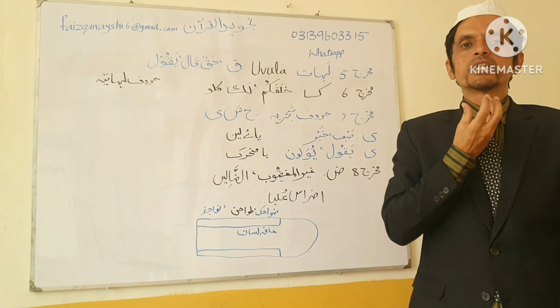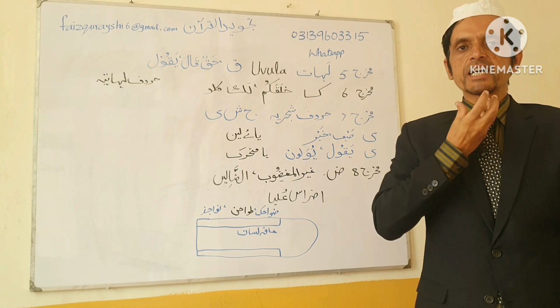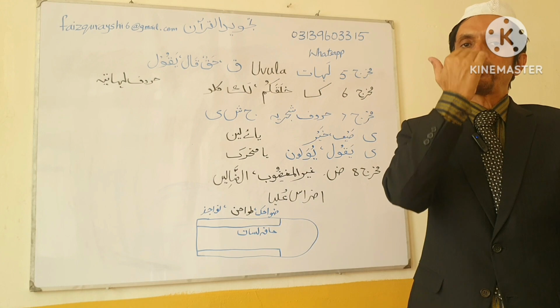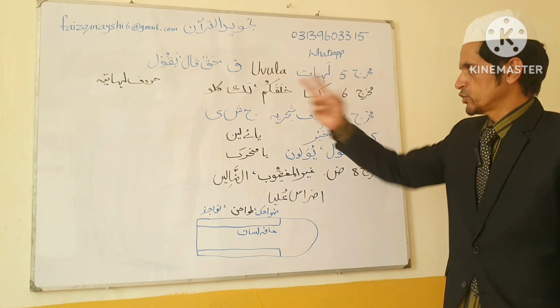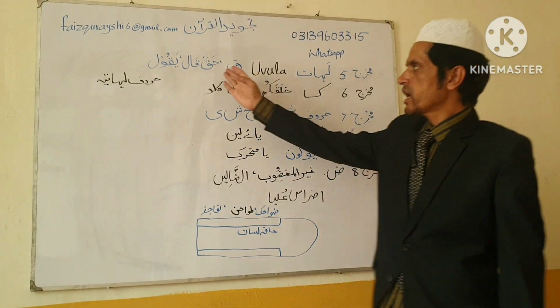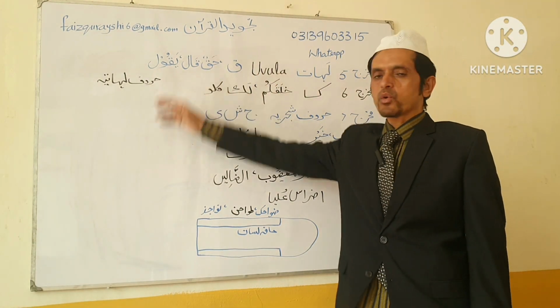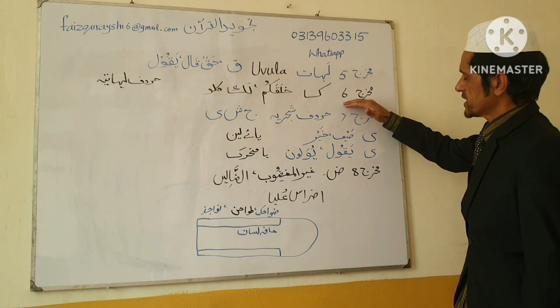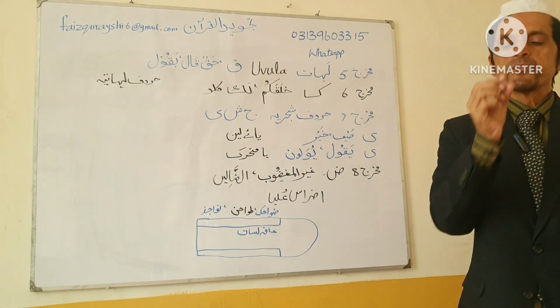You see, the back of your tongue touches the upside of the palate, near to that uvula, so we articulate Qaf. Haqqun, Qala, Yaqulu.